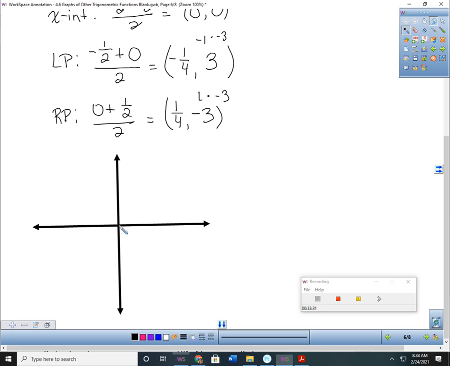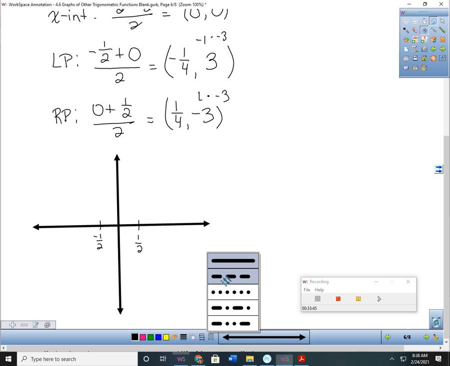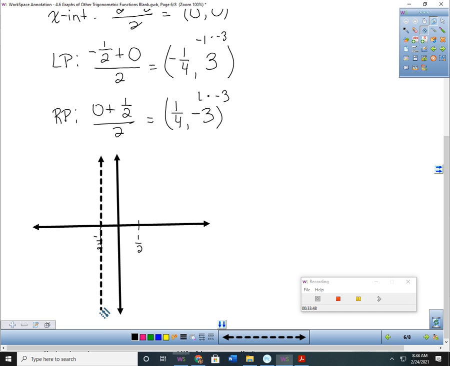All right, so I'm going from negative 1/2 to positive 1/2. Zero is my x-intercept, and then halfway between here, that would be the 1/4 and the negative 1/4.